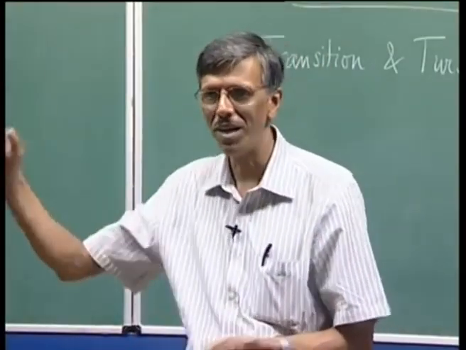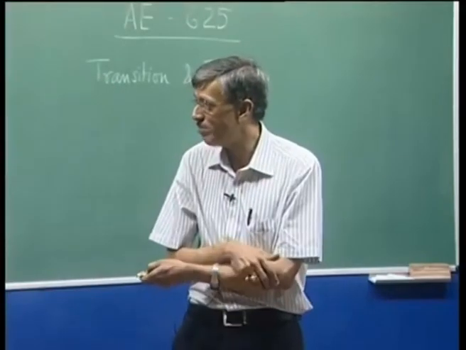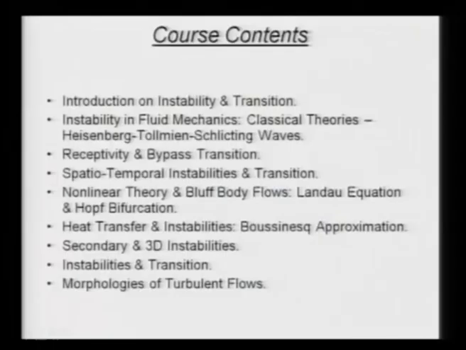They are very periodic, they do not just simply explode. That happens due to this nonlinear action, and Landau actually worked out the equation for it. And we will also talk about bifurcation. What is bifurcation?